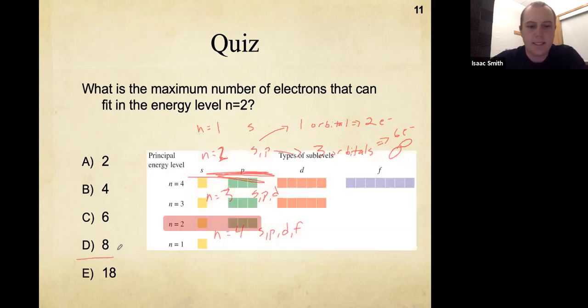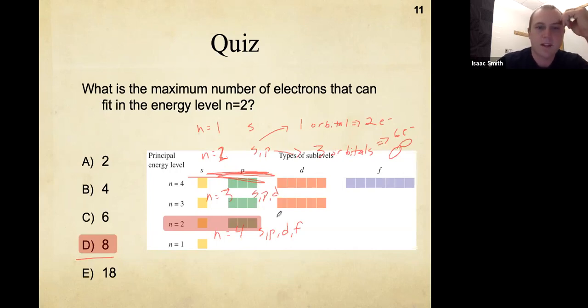So our answer would be D, okay? And then this is just showing it on the diagram, right? N equals 2, we have access to the s sublevel and the p sublevel, a total of 4 orbitals times 2 electrons per orbital would be 8 electrons in the second energy level.